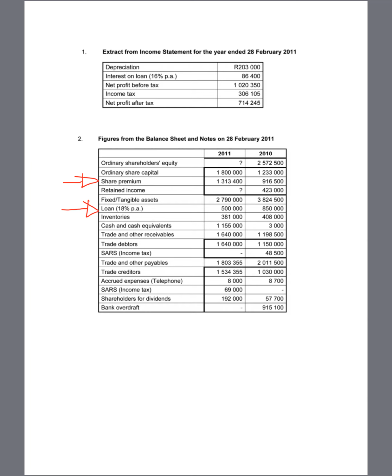Yes, sorry, I'm just missing something. I just want to see what we missed. It's your share premium and your ordinary share capital. I think you should add them both. Yes, please do that. Take these two amounts and add them, and then subtract these two amounts, and let me know what you get.